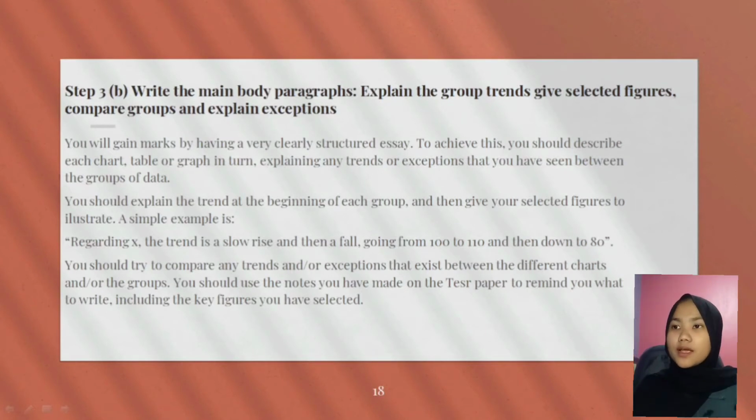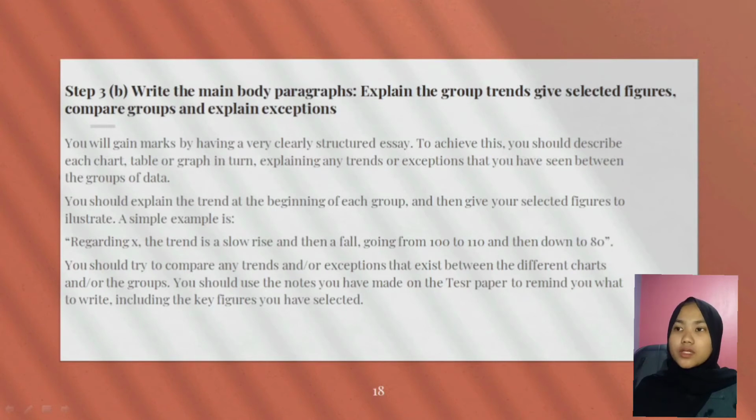A simple example is: regarding X, the trend is a slow rise and then a fall, going from 100 to 110, and then down to 80. You should try to compare any trend and or exception that exists between the different charts and or groups.